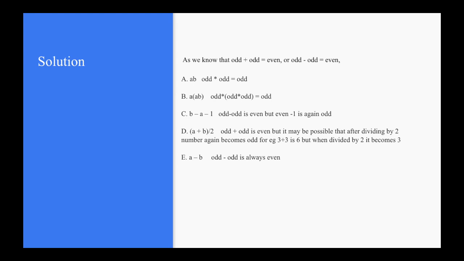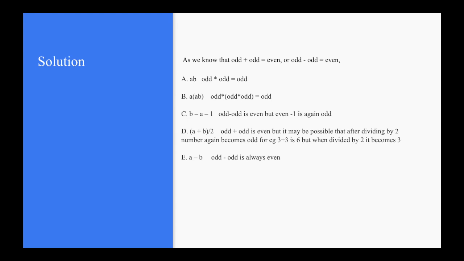For example, if I take a is equal to 3, b is equal to 7, so 3 plus 7 would give me 10 as a result. That would be an even number. But when divided by 2, that will give me a result of 5. So that would be an odd number. So I cannot say for sure whether the result would be an even number or an odd number.